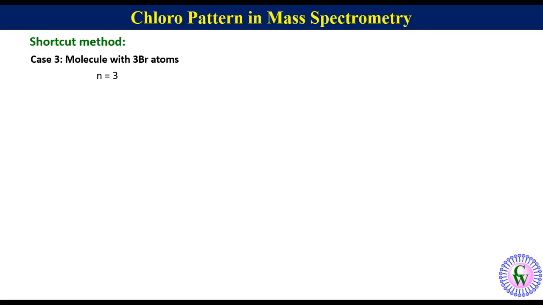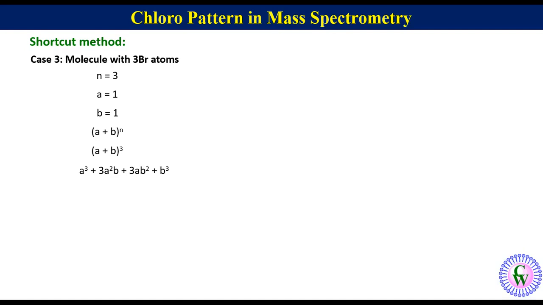Case 3 in which a molecule has 3 bromine atoms. Here n is equal to 3, A is equal to 1 and B is equal to 1. Putting the value of n in the formula (A plus B) power n will give (A plus B) power 3. Upon expansion, it will become A power 3 plus 3A square B plus 3AB square plus B power 3.